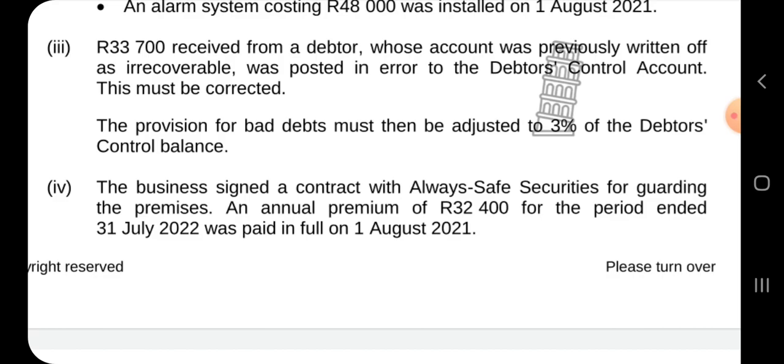This person was in bad debt, and now they have come back to pay what they owe us. And this amount was posted in error to the debtor's control account and must be corrected. So in the debtor's control account, that will be corrected in the balance sheet.